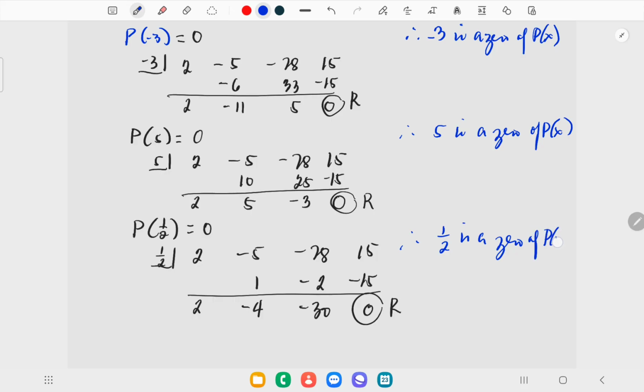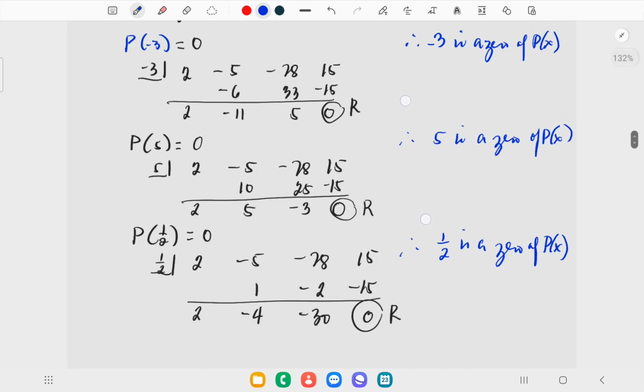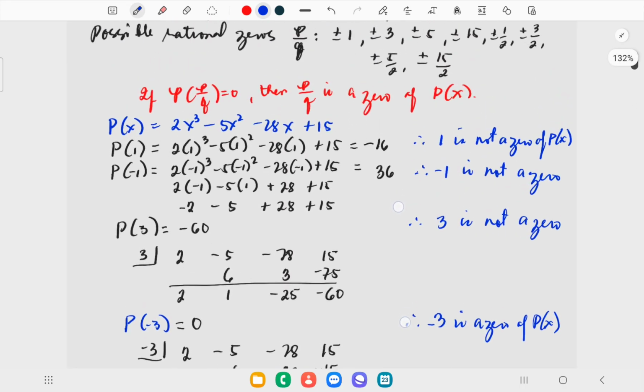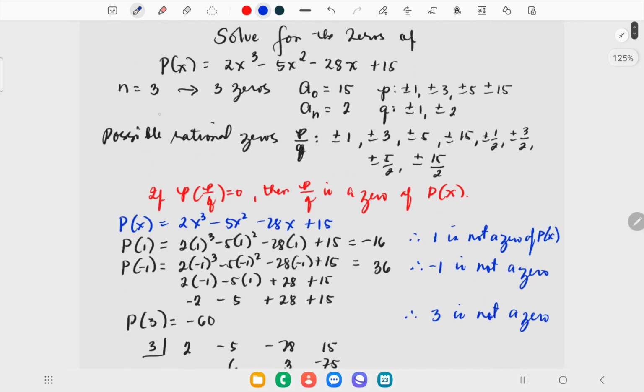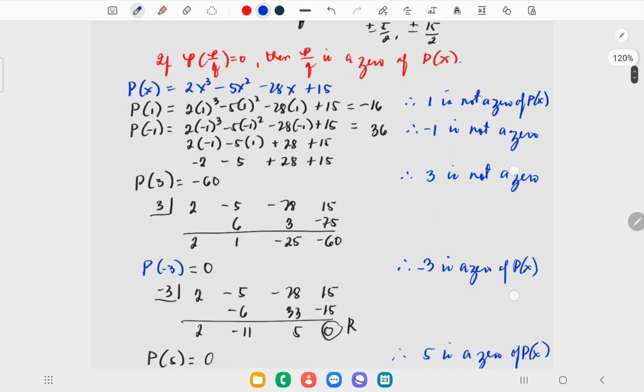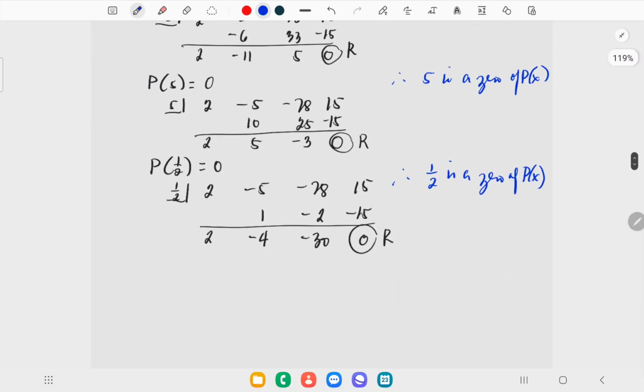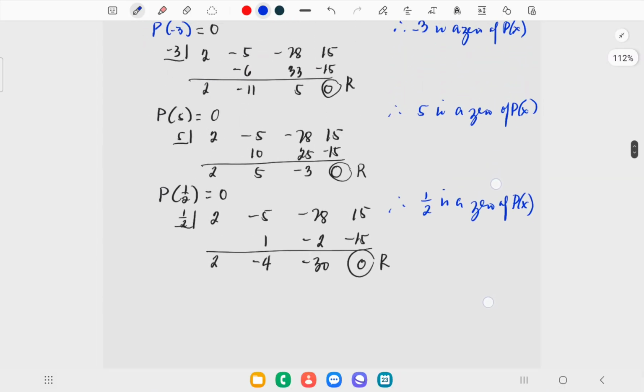So how many have we solved already? We have 3 is not a zero, 5 is a zero, 1/2 is a zero, and negative 3 is a zero. And if we go back to our thinking a while ago, there are 3 zeros for the polynomial function, and we were able to solve for the zeros.